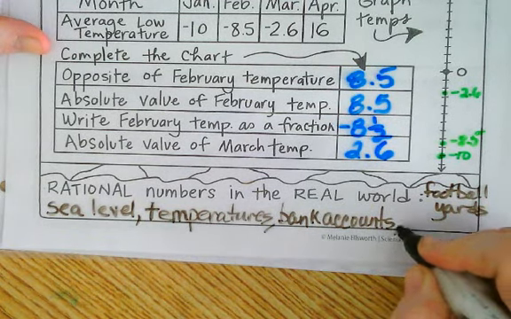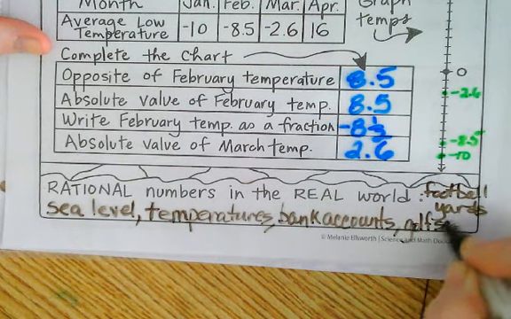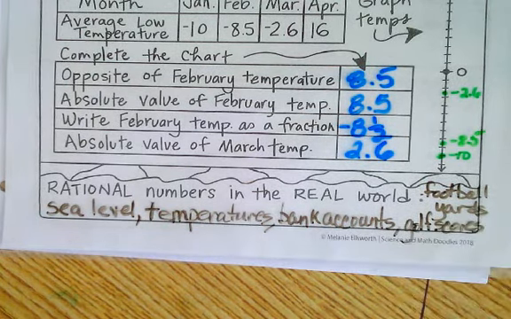I know I don't, so I didn't know this, but golf scores are also rational numbers in the real world. So those are all examples of how we use rational numbers in the real world. You have to understand positive and negative, whole numbers, and positive and negative, fractions and decimals. Okay? That's the real world.